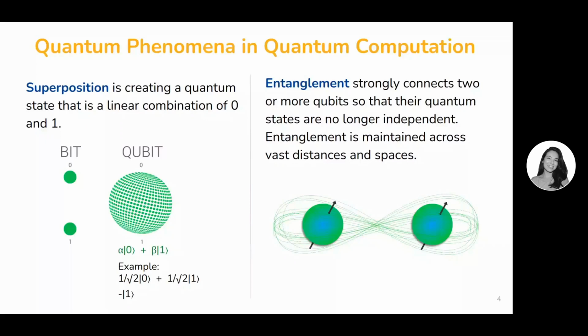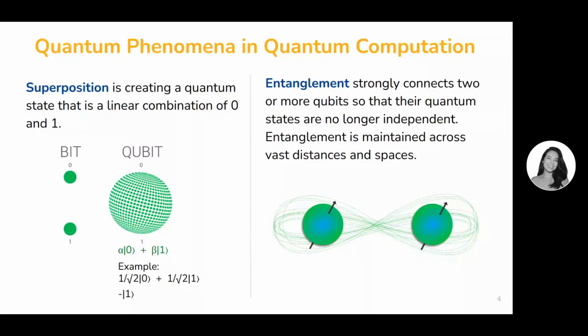So the first difference between a conventional computer and a quantum computer comes down to the unit of information. The qubit has an infinite possibility of states, whereas in conventional computers the unit of information can only be either 0 or 1 at a time. So this is for the superposition.